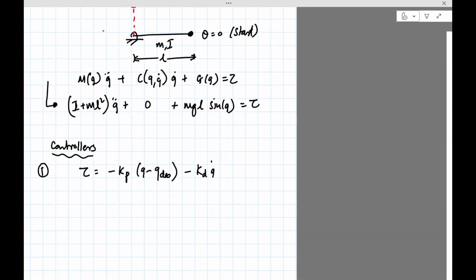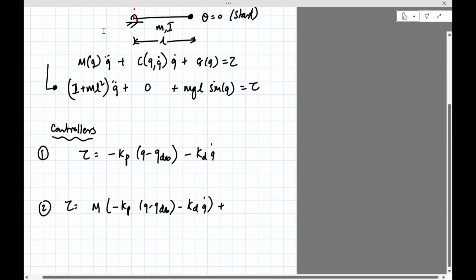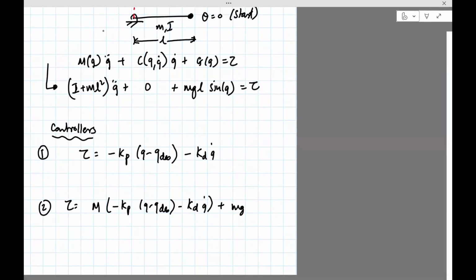That could be your first controller. And then the second controller, informed by what we now know about critical damping, is Kp times Q minus Q desired minus Kd Q dot plus mgl sine q.